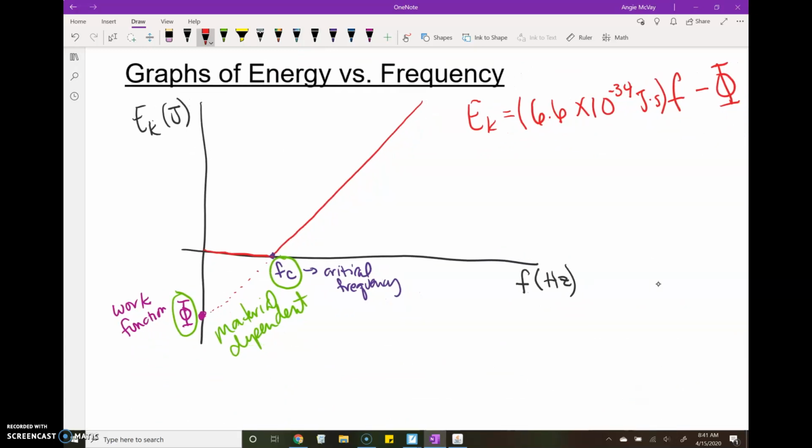Okay. So my question here is, what is this? This number should look familiar. And we can use this to write a generic equation.